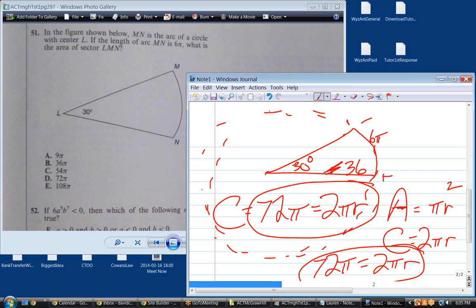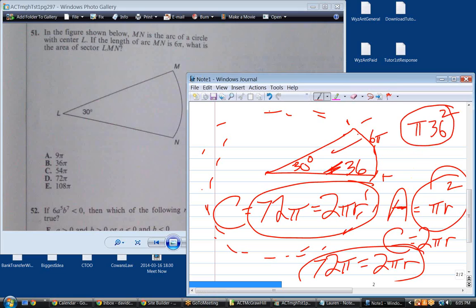So now to figure out the area of this sector, let's figure out the area of the whole circle and what part will be ours. So would it be 36 times 12? Pi r squared. Oh. So it's pi times 36 squared. That's the area of the whole circle.